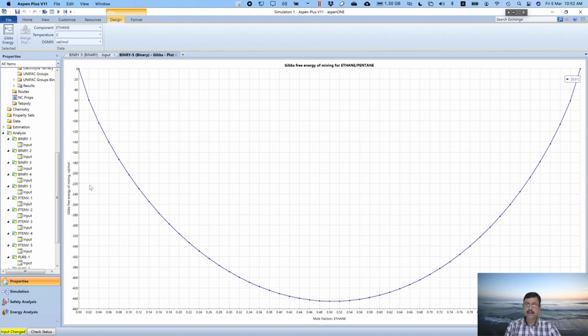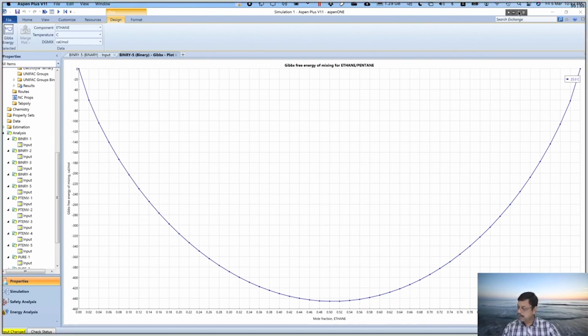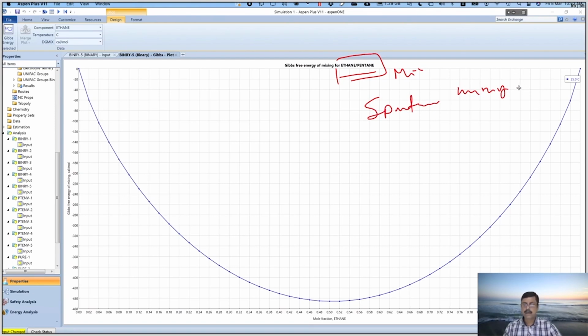So we can conclude that this particular pentane and ethane mixture is a spontaneous mixing. The components will mix spontaneously.